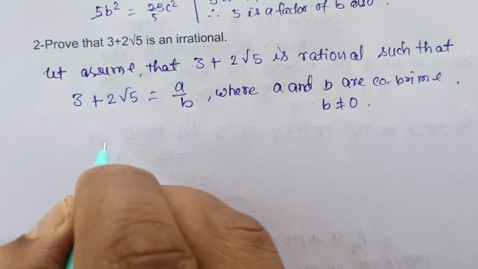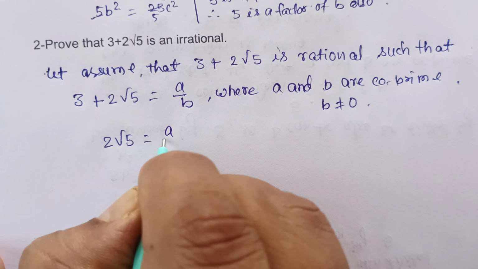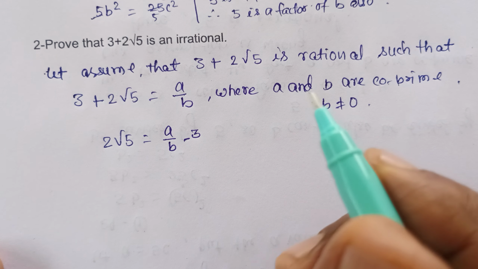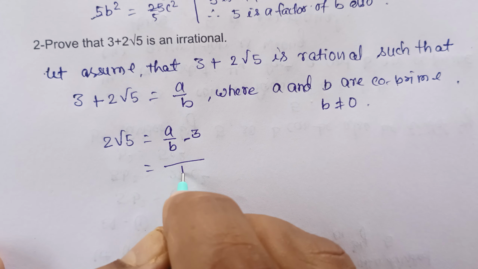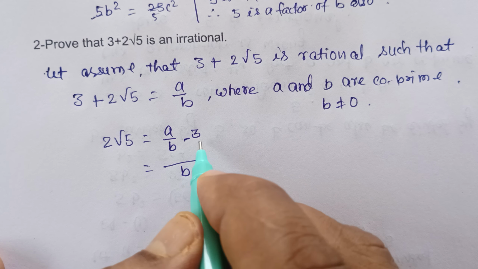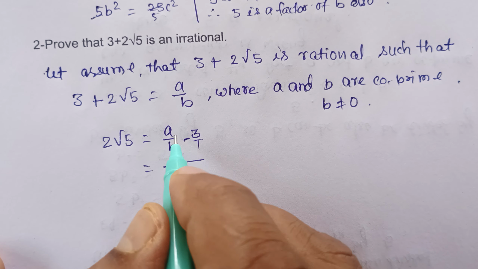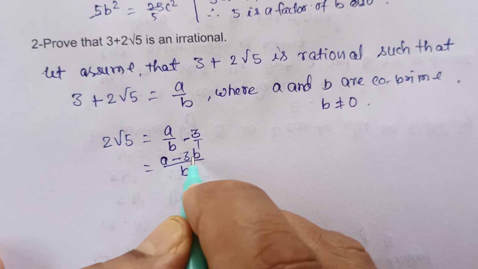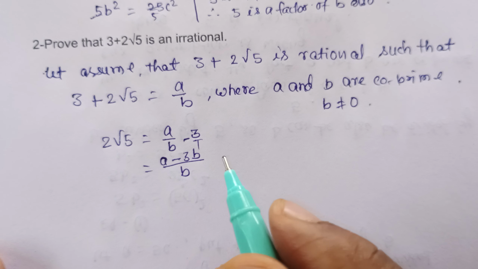Now what can you say here? 2 root 5 is equal to a by b, and you move the 3 to this side. Now you have to solve it. Basics will be very helpful here, without basics it is very difficult. Taking the LCM b, b divided by b is 1 into a, minus 3b. Now I am doing cross multiplication.